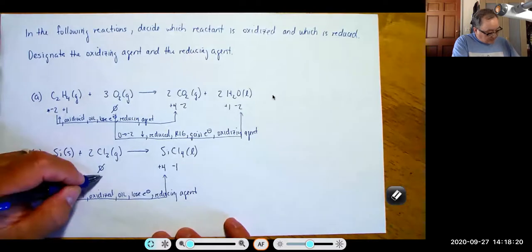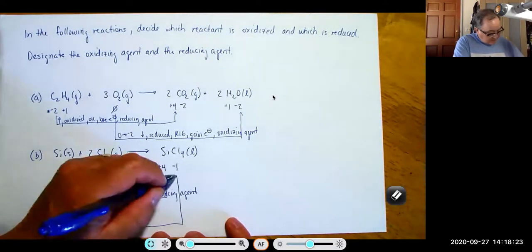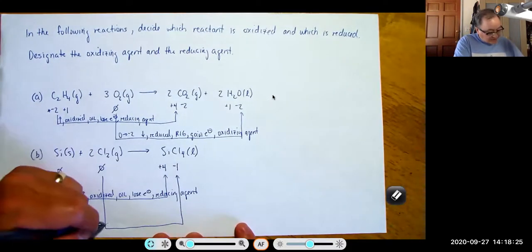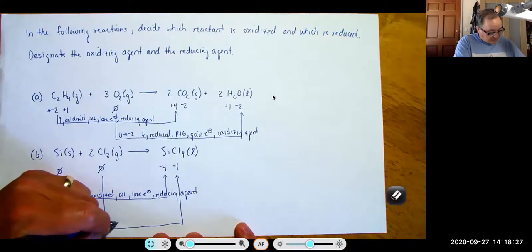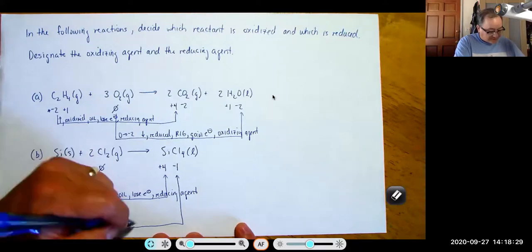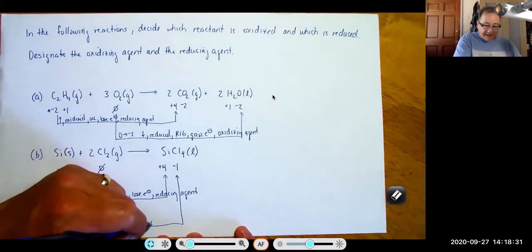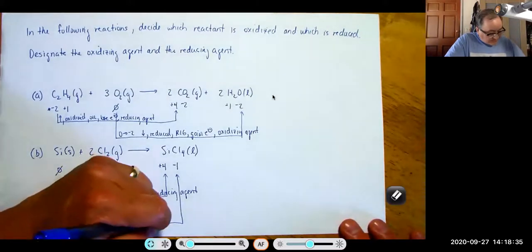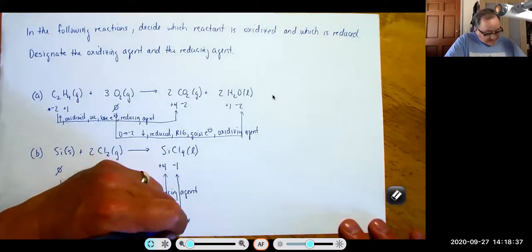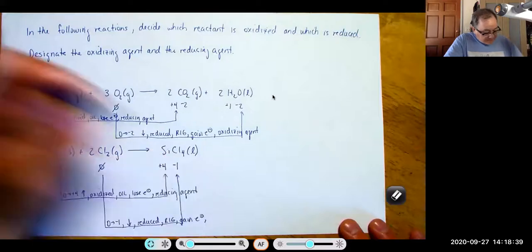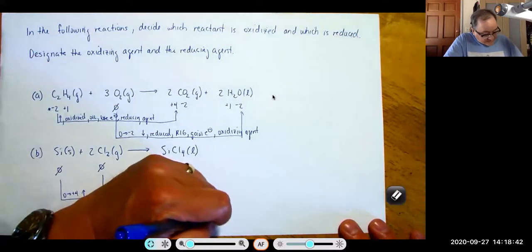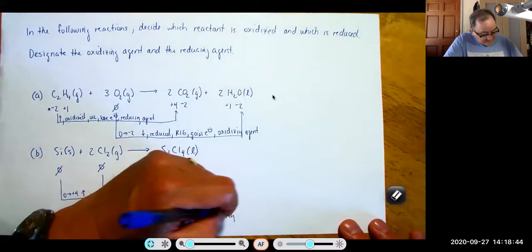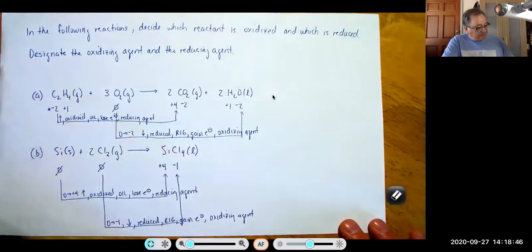And here for the chlorine, the oxidation number goes from 0 to -1, which is definitely a decrease, reduced. Do you see how those go hand in hand? Decrease, reduced, RIG, gain electrons, and oxidizing agent. And there you go. Turns out that a lot of common oxidizing agents are these.